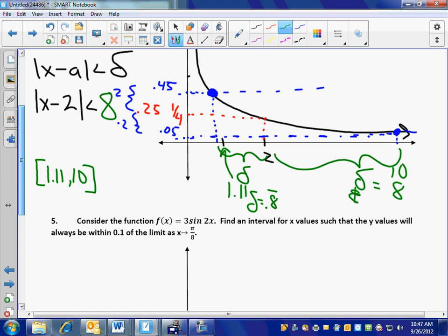We got to choose a smaller one. You choose a smaller one. Smaller delta values. We have 0.8 repeating, and we have delta equals 8. We choose the smaller of the values.